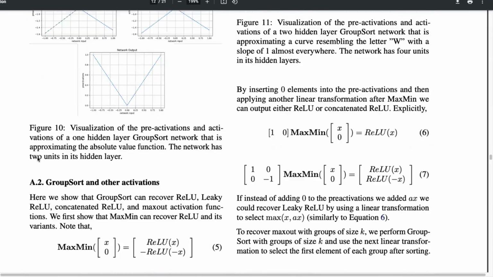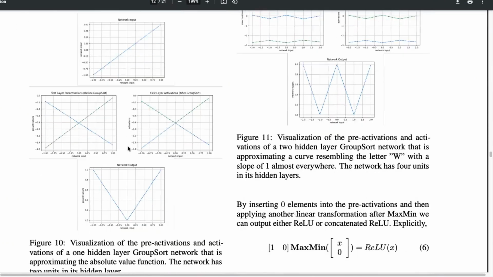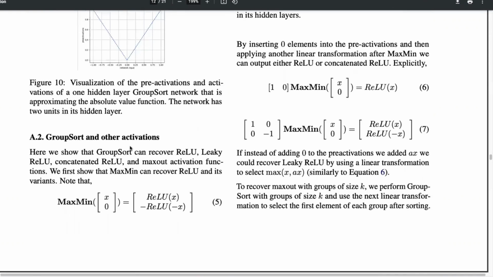So they try and provide some intuition for why this is a nonlinearity in the appendix. Pretty interesting. Still not really sure I get it yet, but they show min max, max min, this is when the window size is 2. So I just look at 2 neurons and I sort them. That's all I'm doing.